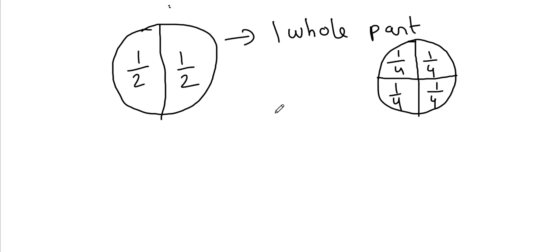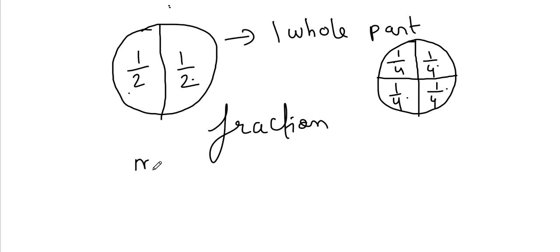So now let's move ahead. If we see this half, and here we see 1 upon 4, 1 upon 4, 1 upon 4, 1 upon 4, that's called a quarter. So when we see all these things, this is called a fraction. Now what does fraction mean?